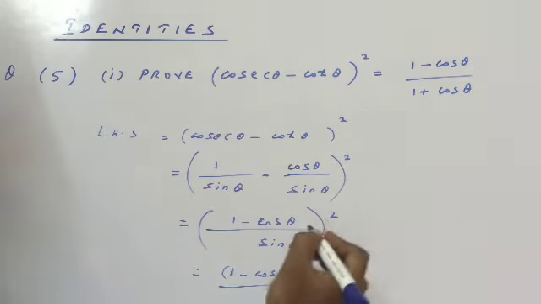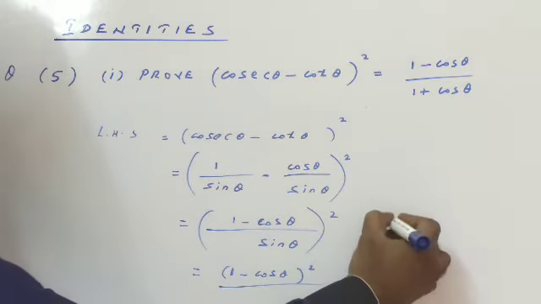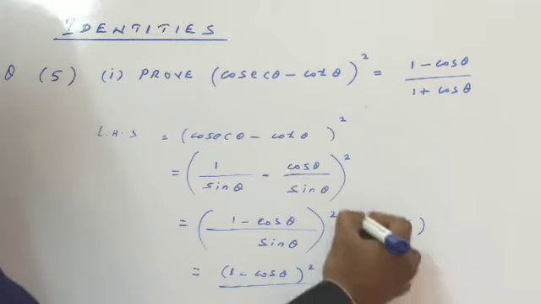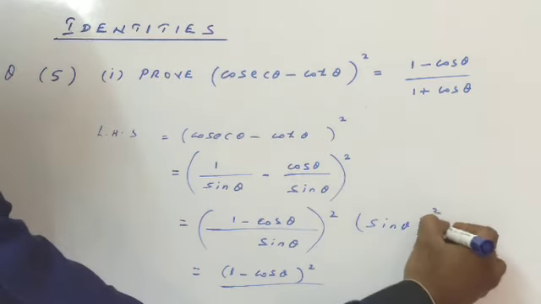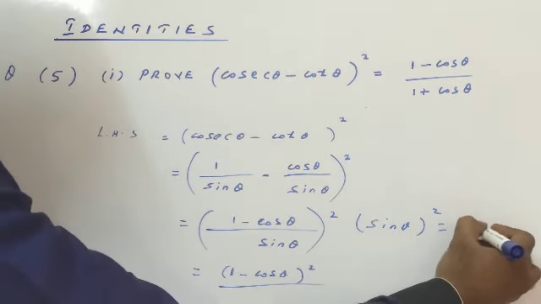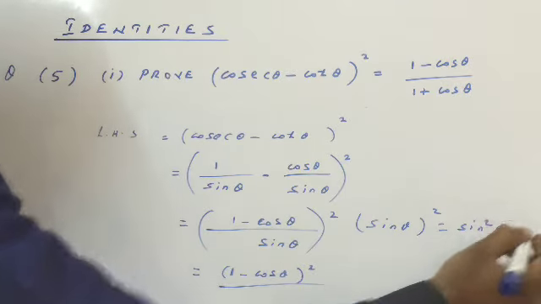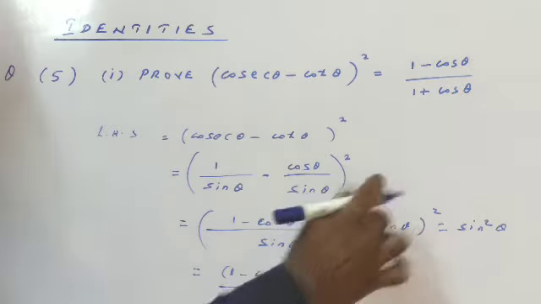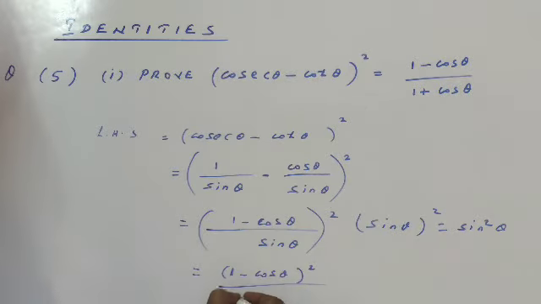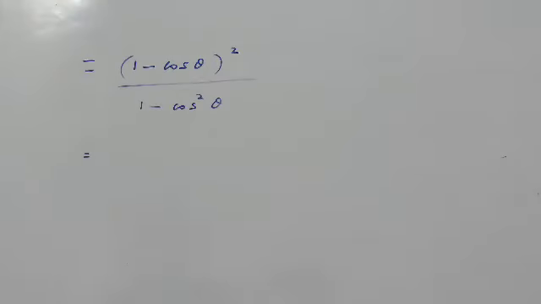Sin theta whole square is equal to sin square theta. So instead of sin theta whole square, I am going to write sin square theta. In the numerator, we have 1 minus cos theta whole square.